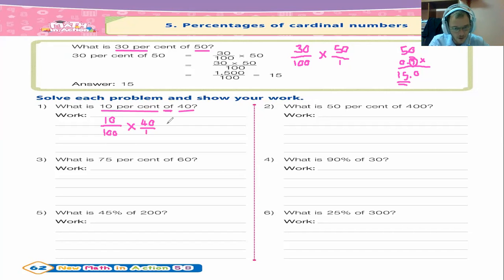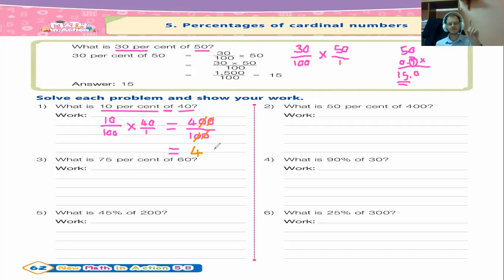So this one will then calculate to 10 times 40 equals 400. Divide that by 100. That we can just easily eliminate the zeros on both sides. And we say our answer equals 4. Our answer is 4.